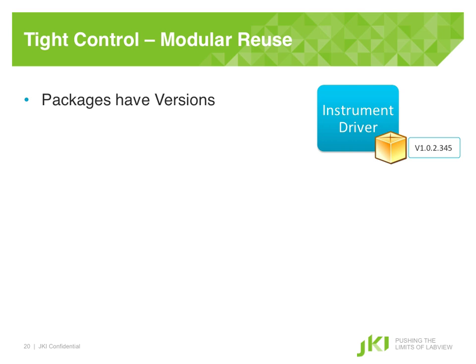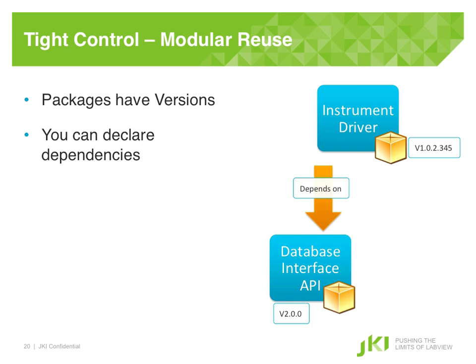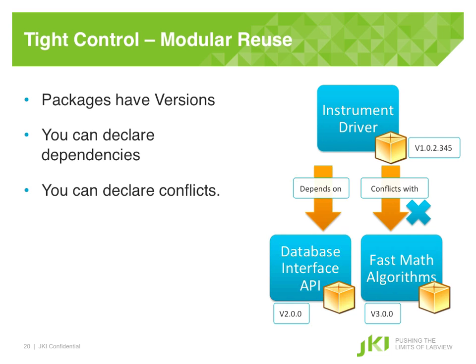But we've taken this to another level in VIPM, in that in addition to just having versions and packages themselves, they can also have dependencies. So you can declare that, for example, an instrument driver depends on a subcomponent, a database interface API, for example, a specific version of that component. And you can also declare conflicts where one package cannot be installed with a specific version of a package.